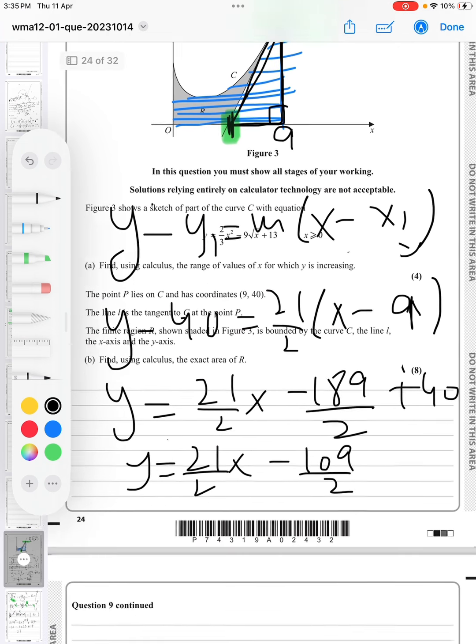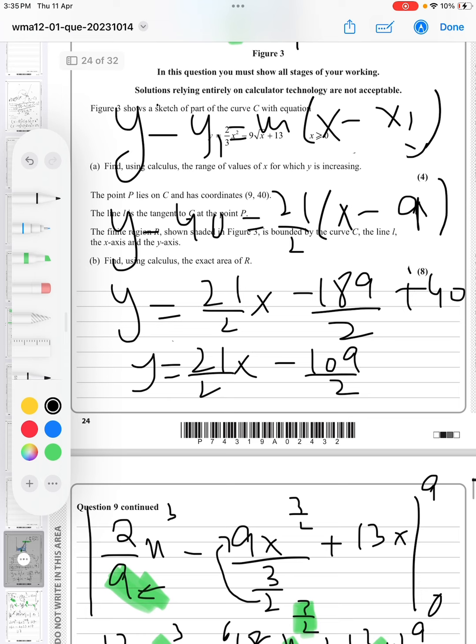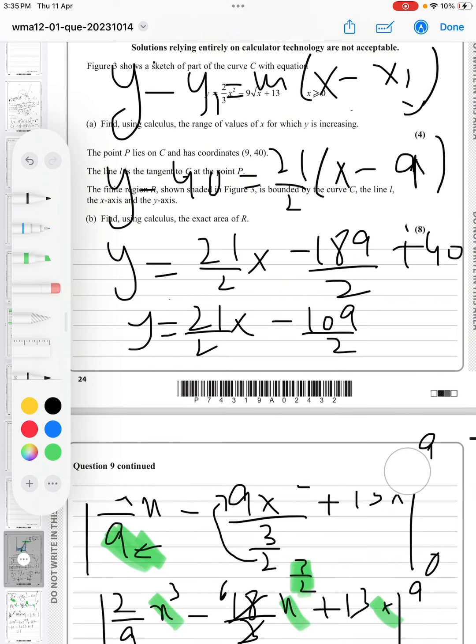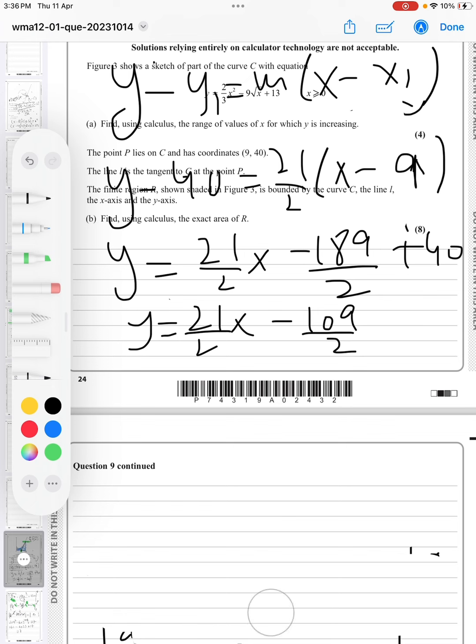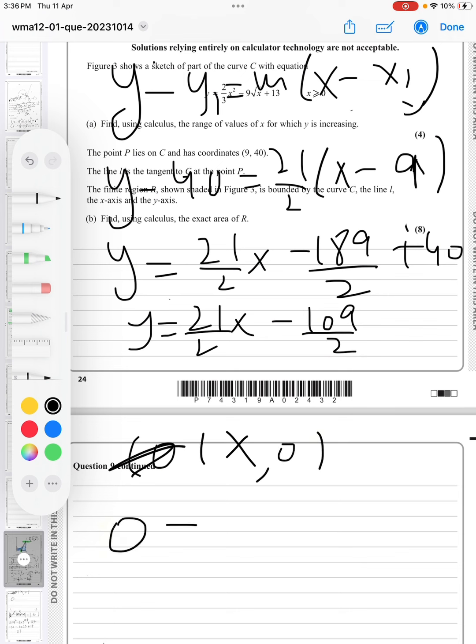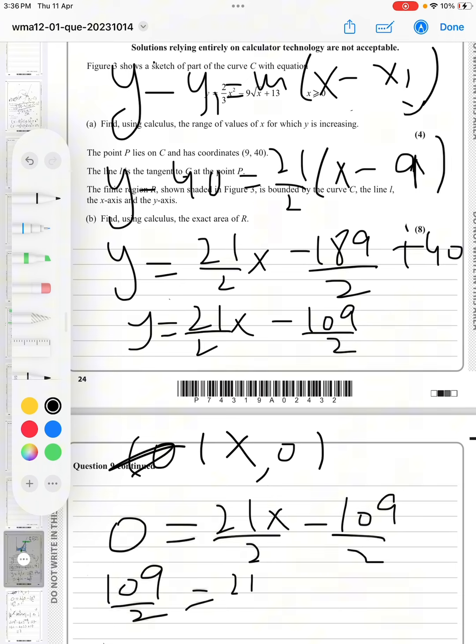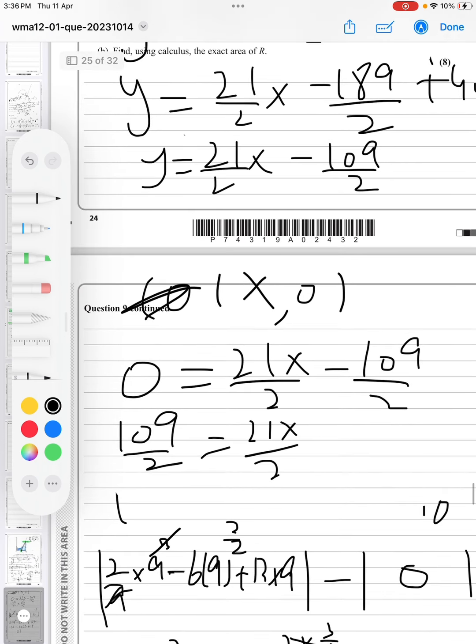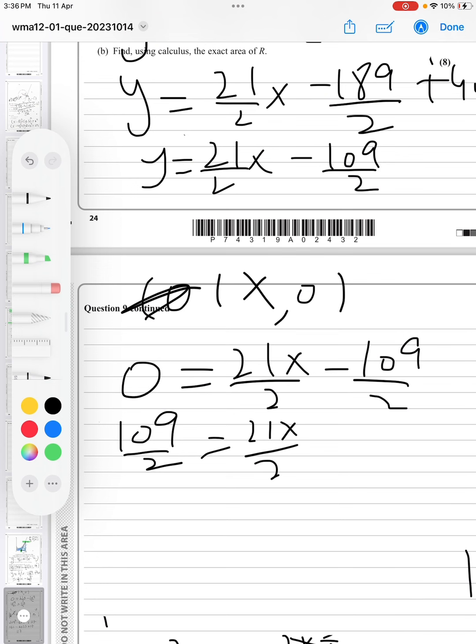Now I have to find the x coordinate where it is intersecting the x-axis. So I have to find x0, so y will become 0. So 21 x upon 2 equals minus 109 upon 2. Moving this to the other side, the 2 cancels. So 109 upon 21 equals x.